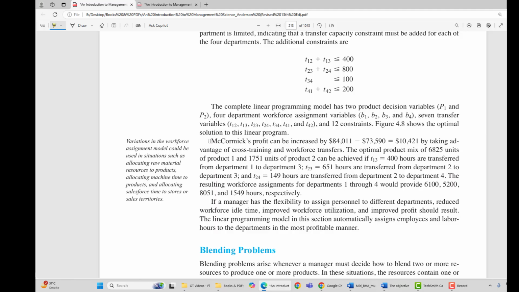Just cross check whether you get the same answer. The new revenue will become 84,011. So there will be an increase in the revenue because of the cross training by 10,421. So this is your workforce assignment problem along with the cross training. Thank you.